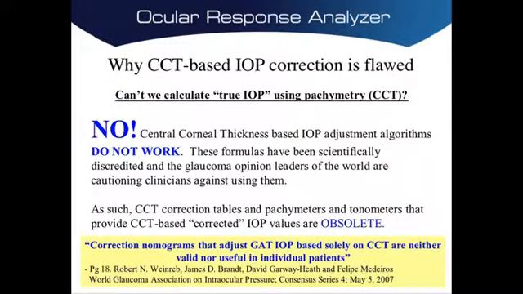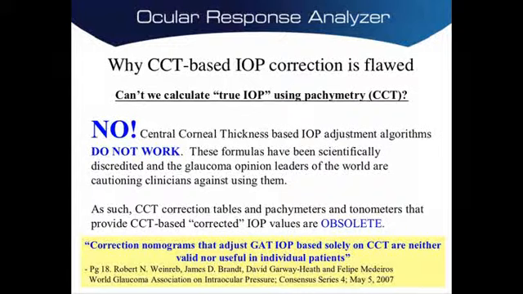We'll talk about that in a little bit more detail, but this statement is from a consensus book on intraocular pressure. This book was put together by the World Glaucoma Association, that is made up of glaucoma opinion leaders from over 70 different glaucoma associations around the world.